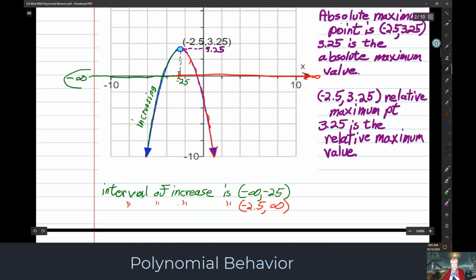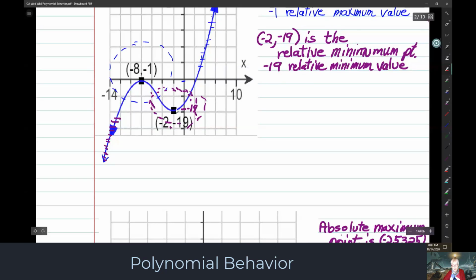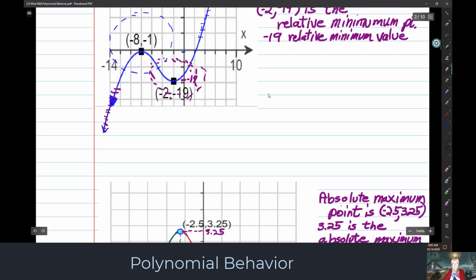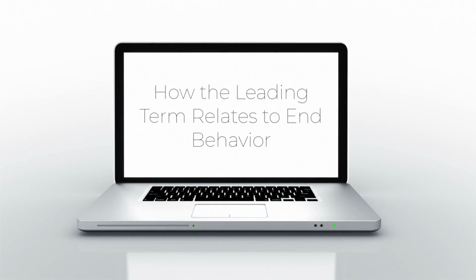And mixed it with increasing and decreasing. Notice that the relative maxima and minima are the points at which increasing becomes decreasing, or decreasing becomes increasing. For that reason, these are also called turning points. So many names.